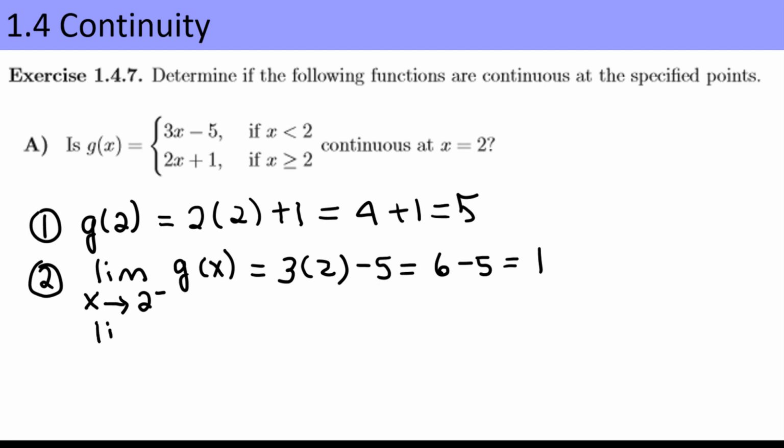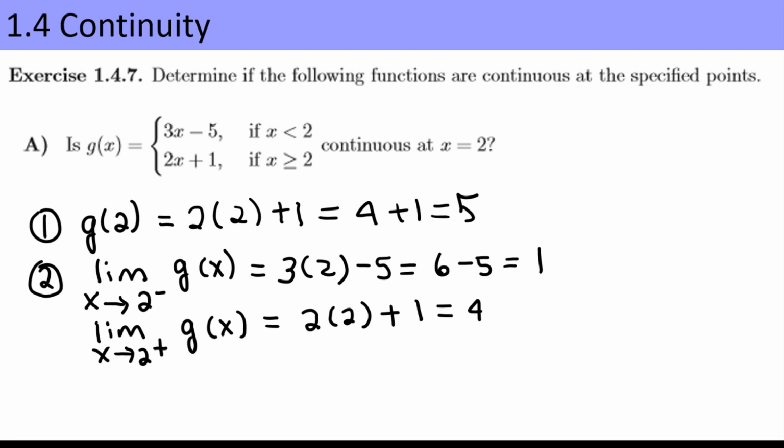Now let's look at the limit as x approaches 2 from the right of the function. From the right means numbers greater than 2, so we'll use the second piece, which will be 2 times 2 plus 1, 4 plus 1, which is 5.